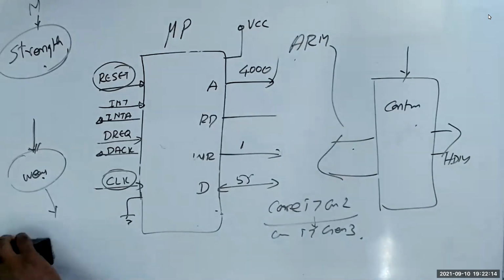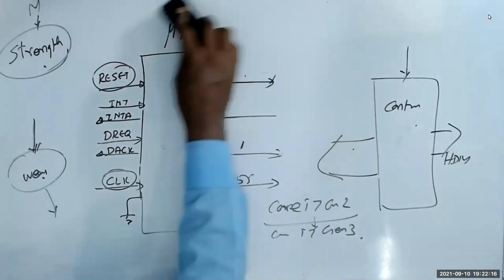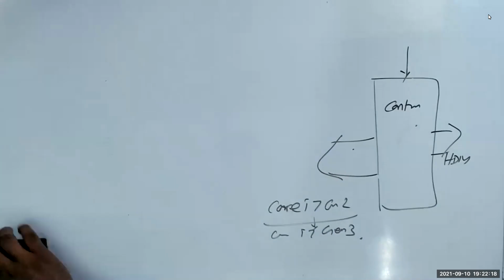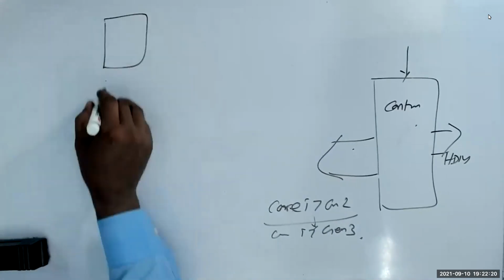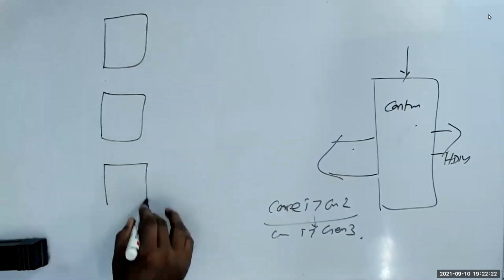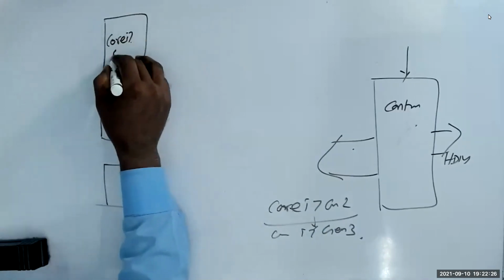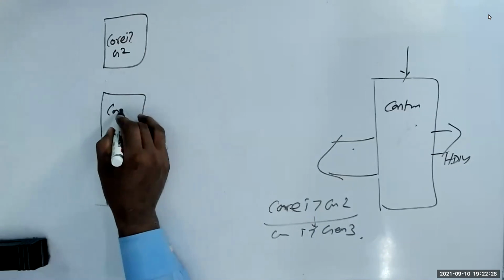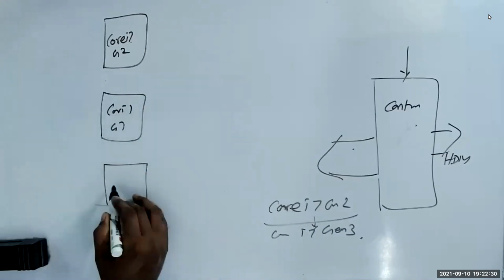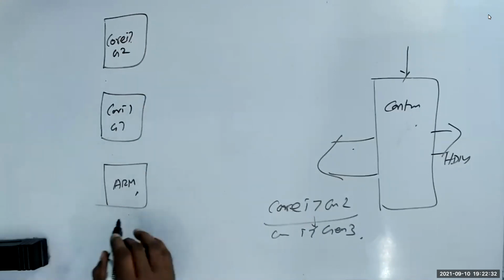Every microprocessor manufacturer has a different clock. Core i7 Gen 1, Gen 2, Gen 7, and ARM, for example. But I have only one controller.